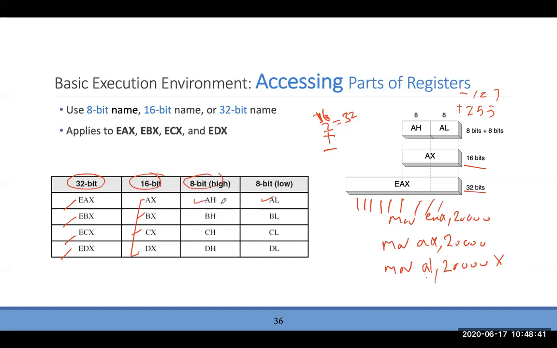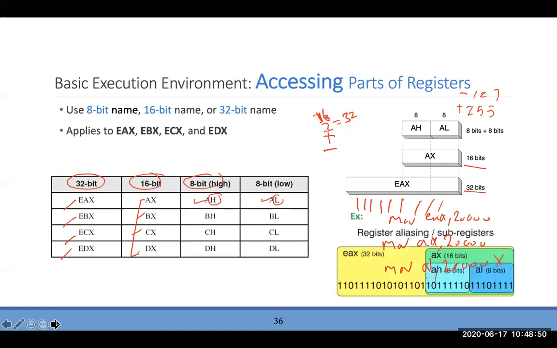H stands for high, L stands for low. The same applies for the BX, CX, or DX registers. If you look at this diagram right here, it explains part of what I was talking about right now.